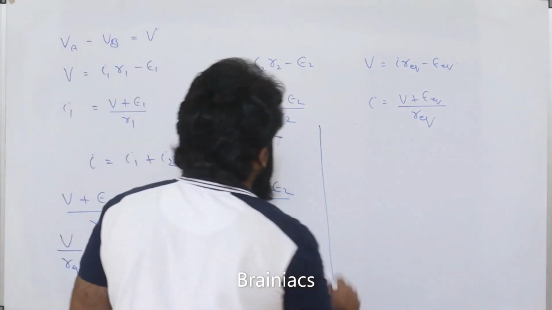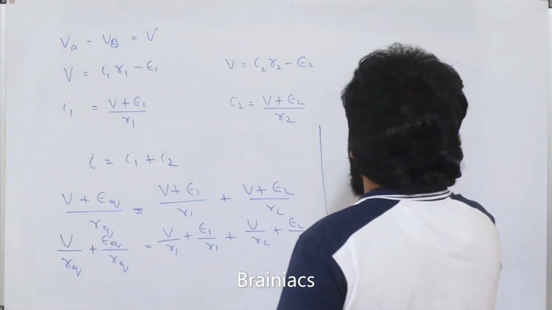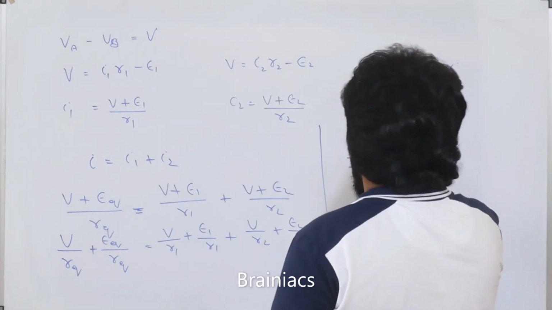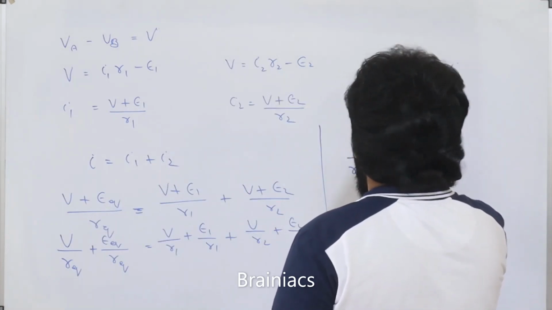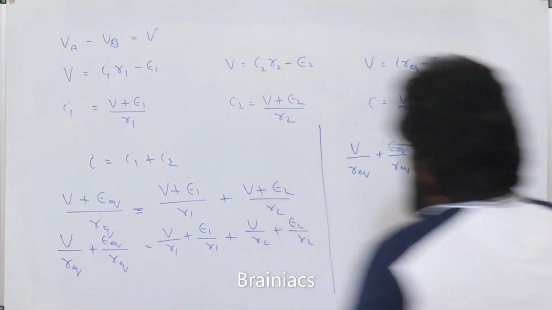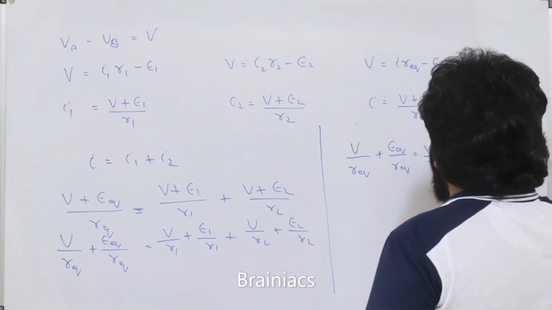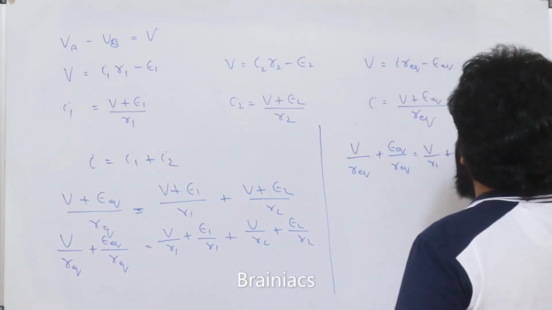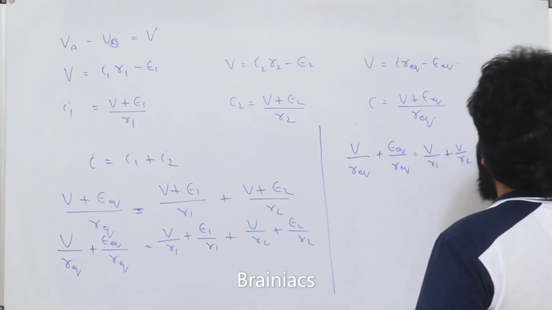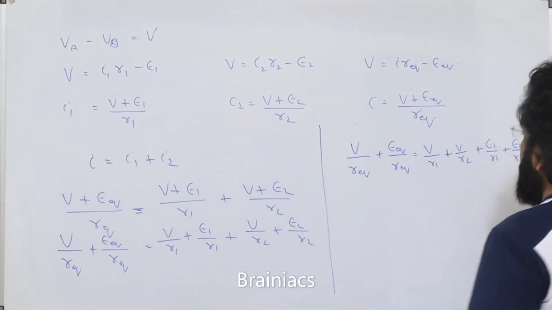Now from there what we are going to do is V by R equivalent plus E equivalent by R equivalent is equal to, we will separate V and V by R1 plus V by R2 plus E1 by R1 plus E2 divided by R2.